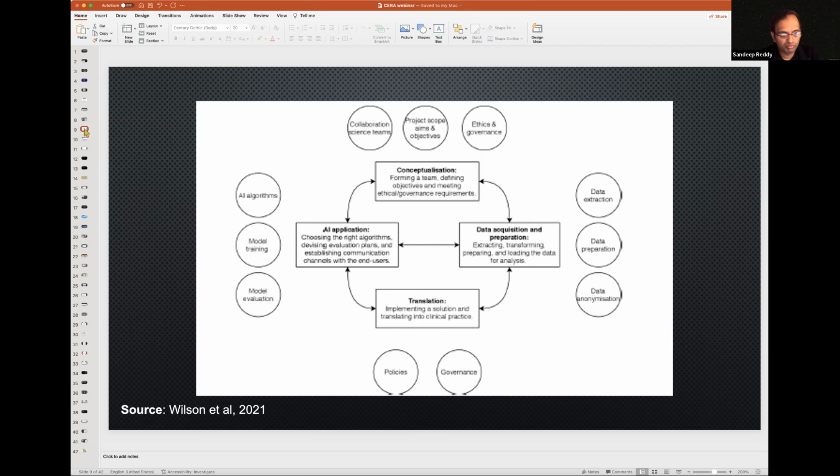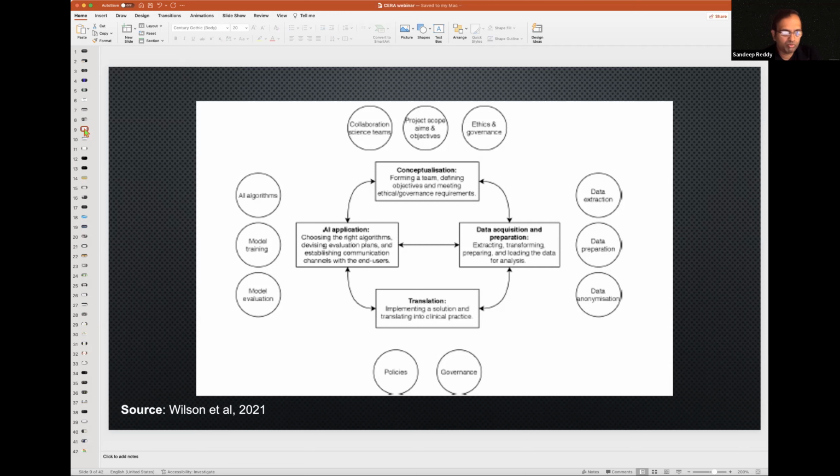To train a machine learning model, we obviously need data sets. We go about acquiring data sets, and then we split them into training and test data sets. Then we develop the AI application or the machine learning model, and then we test it, whether on internal data sets or on external data sets. And then we apply it in a healthcare environment. So that's the high-level overview of how a machine learning model is developed.